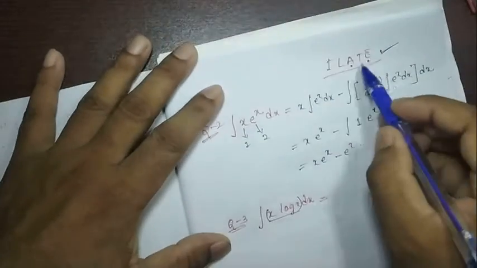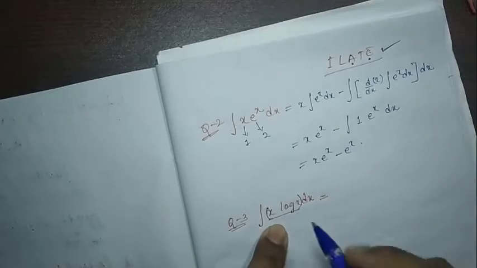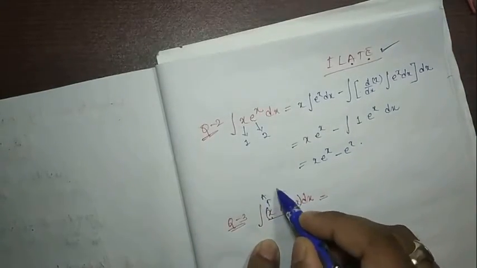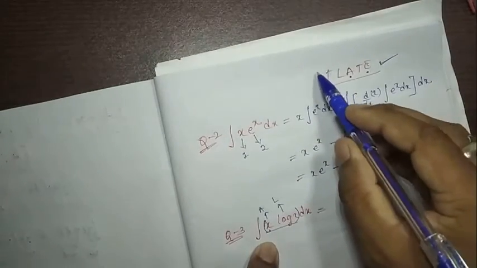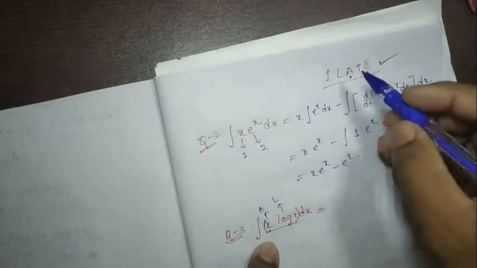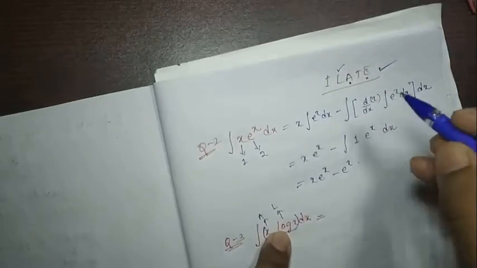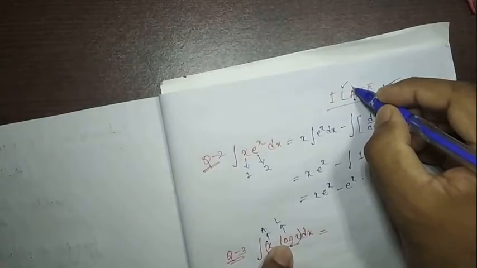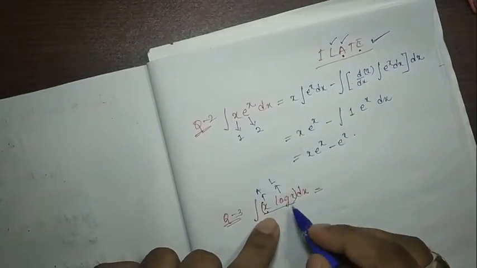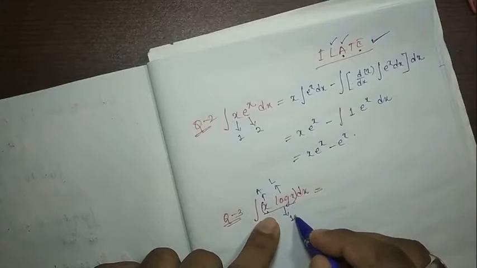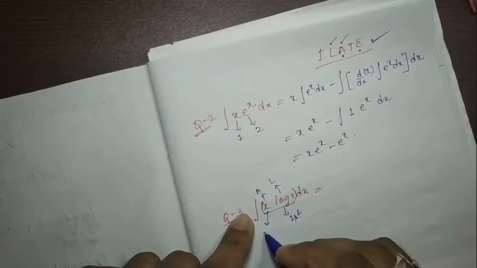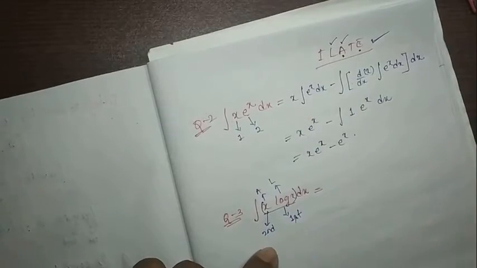We have two functions, arithmetic and logarithmic. If we move from the left, first we find logarithmic, then second we find arithmetic. So in this product, the first function is going to be considered as logarithmic, that is log x, and the second function is going to be considered as arithmetic, that is x.